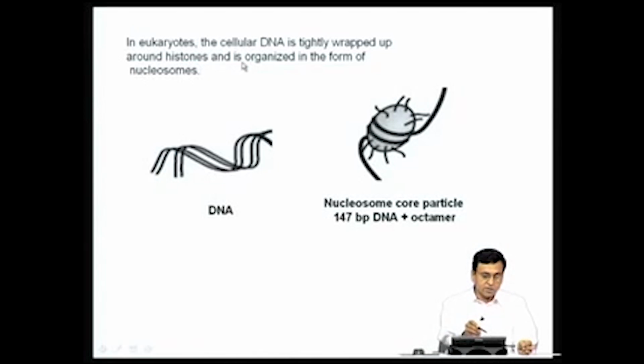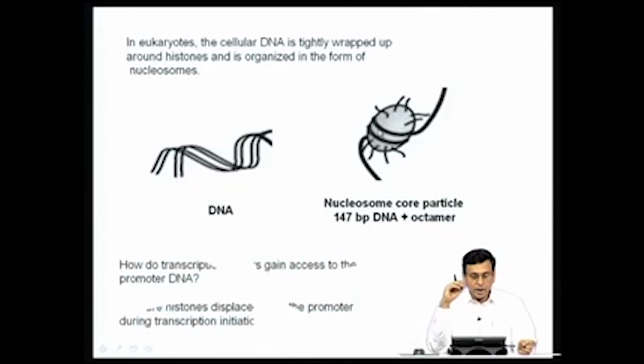In eukaryotes, the cellular DNA is tightly wrapped around histones and is organized in the form of nucleosomes. There are about 147 base pairs of DNA wrapped around each nucleosome core particle, and the DNA gets nicely rounded around; this DNA plus the histone octamer is what is called a nucleosome.